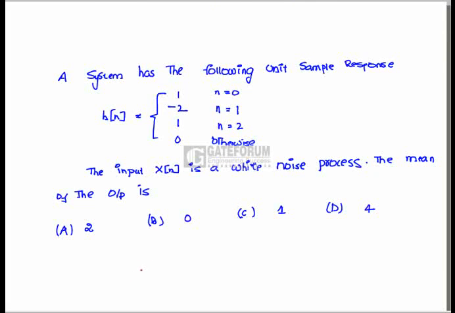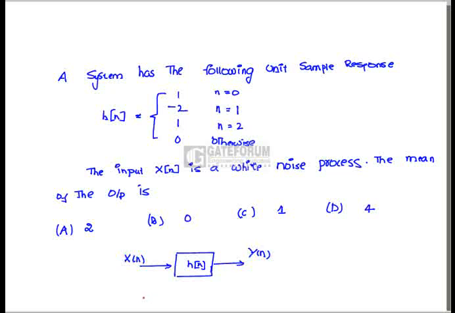In the above given problem, we have to find the mean of the output of a system whose unit sample response is mentioned in the problem. For a system whose impulse response is h of n and input is x of n, the output is y of n.